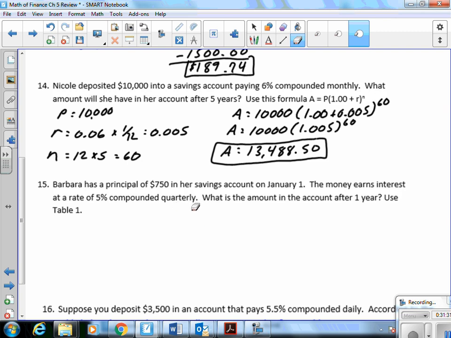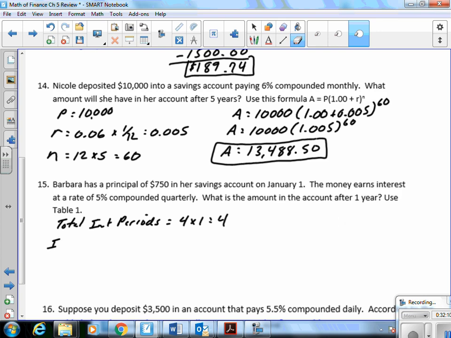So, a principal of $750, and before we can use table 1, we need to know the total interest periods. Which is 5% quarterly, so that's 4 periods a year, and we're only looking at 1 year. 4 times 1, or 4 interest periods.